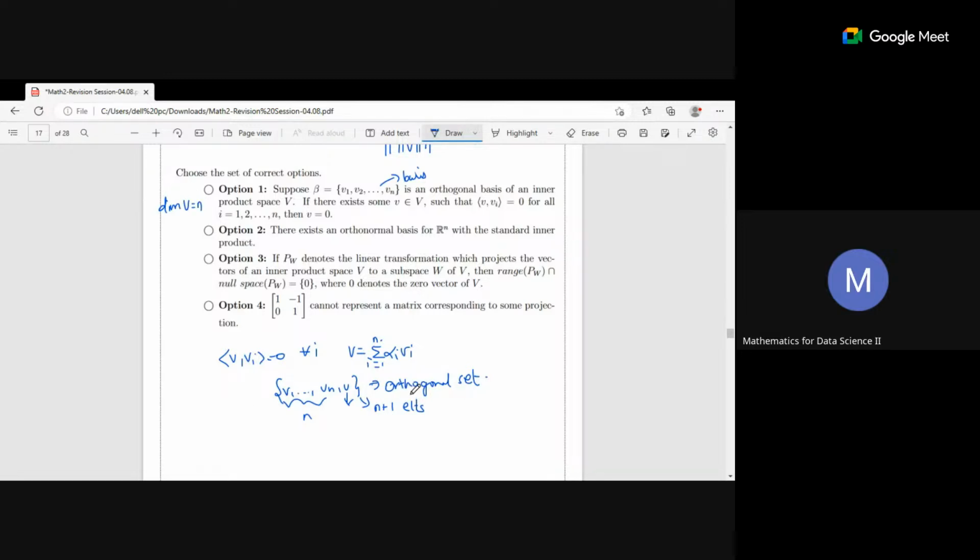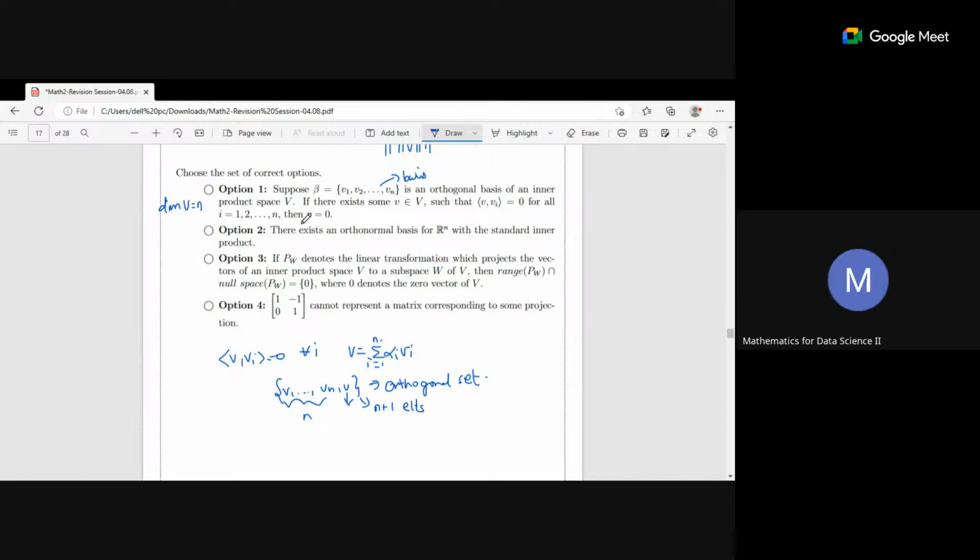Is this V outside the beta? Yeah, this V is not an element of beta. So basically, there is a basis, and you are adding another V which is orthogonal to all of those.